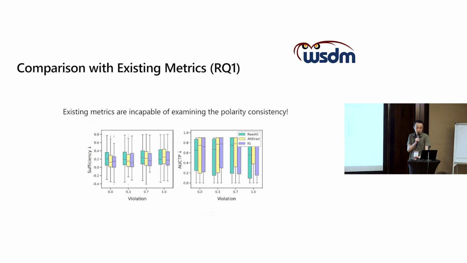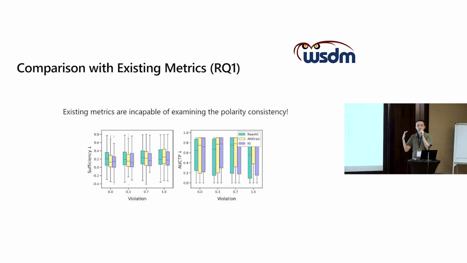So the first question is that we want to analyze this on a VQA task, to understand how the different explanation methods compare under the violation. You can see that under different kinds of violation, the different explanation methods' performance is quite similar, which means that existing methods may not show this faithfulness.